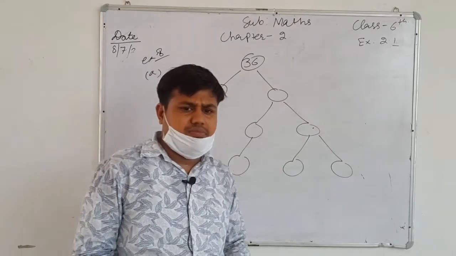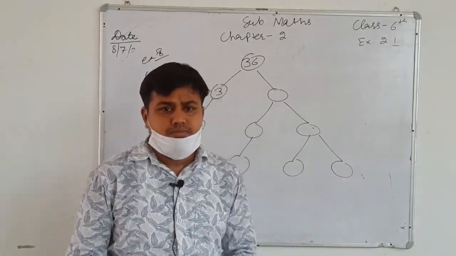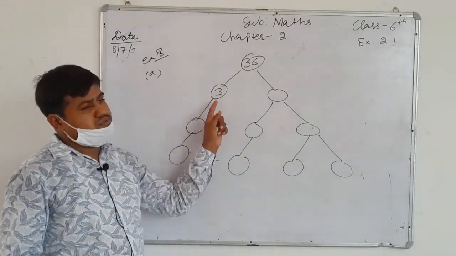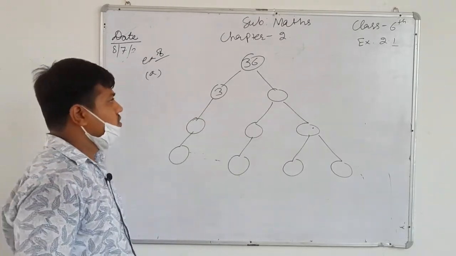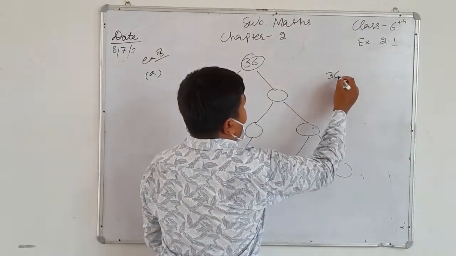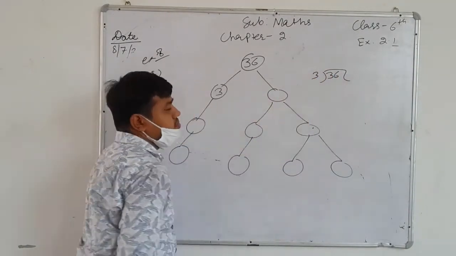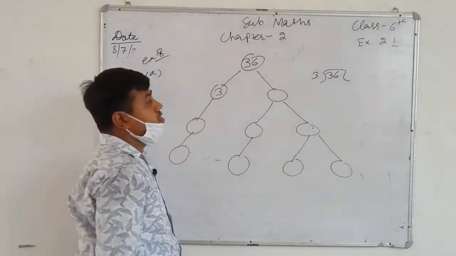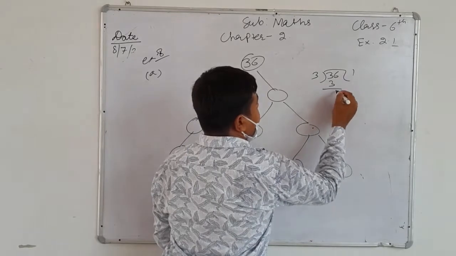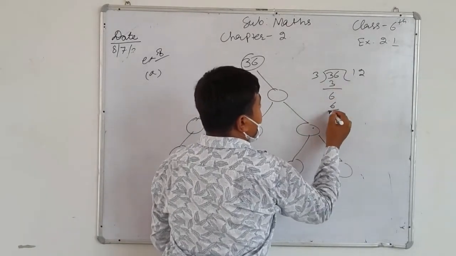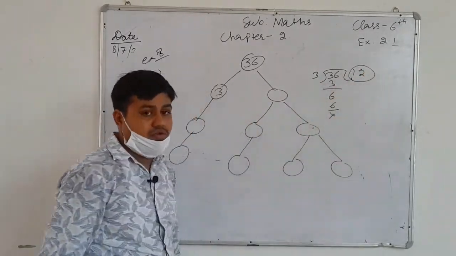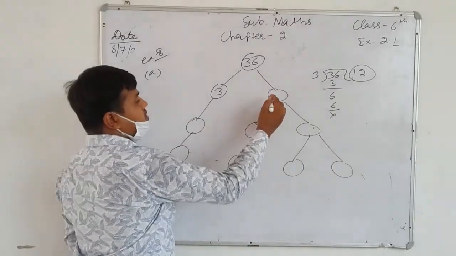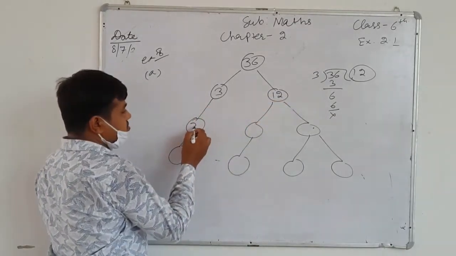We know that 36 is an even number, it is also divisible by 2, but according to the question we have to start by 3. So सबसे पहले क्या करना है, 36 को 3 से डिवाइड किया, आंसर क्या आएगा, 3 1 जा 3, 6 2 कंप्लीट, क्वेश्चन क्या है 12. जो भी आपका क्वेश्चन आया है वो आपने राइट हैंड साइड में लिख देना है.